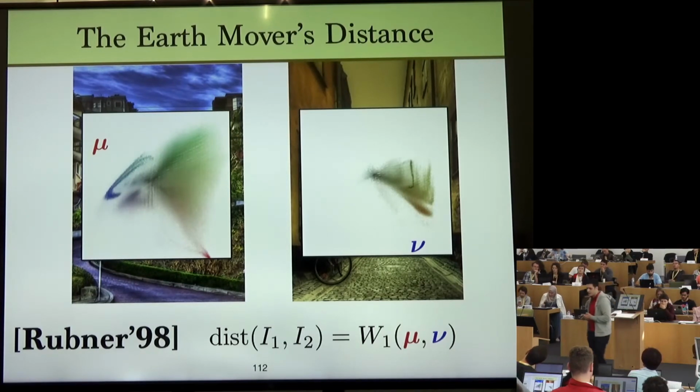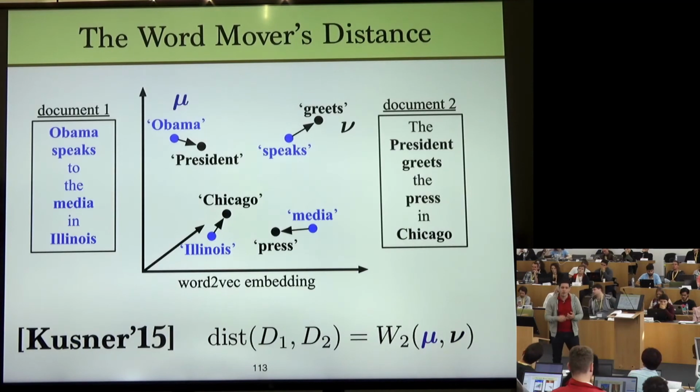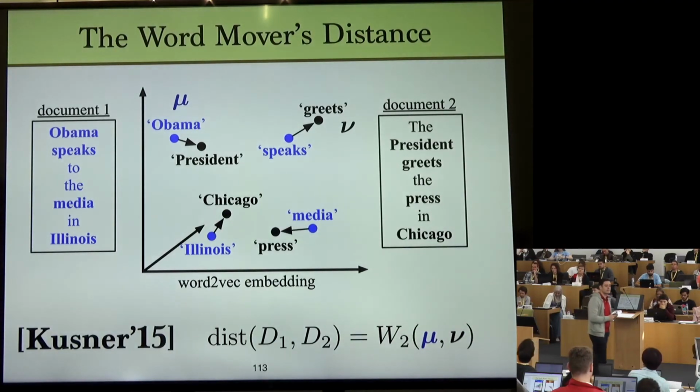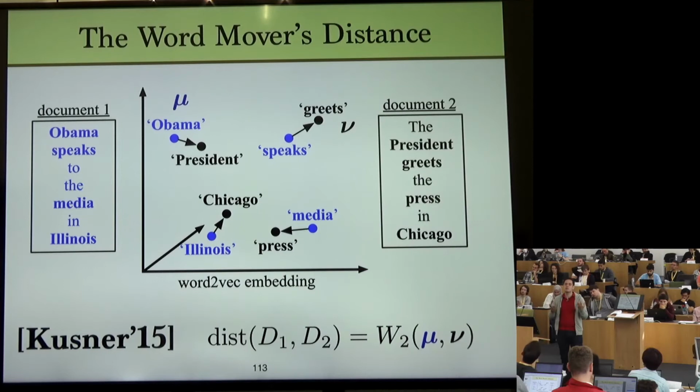Okay? Now, people have done that as well for text histograms, and this is also something that you did yesterday. And this was proposed about 4 years ago. People redefined again optimal transport and called it the word mover's distance, but it's exactly just the same idea over and over again. It's comparing two point clouds and trying to find an optimal way to match them using some geometry.